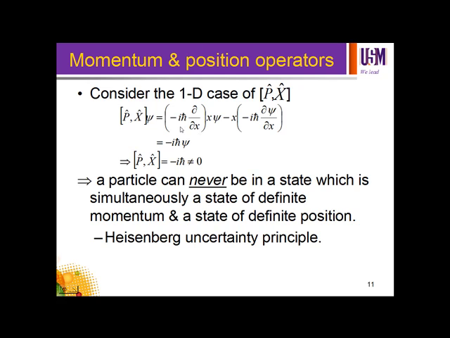Momentum operator is negative i h bar delta per delta x. That's the definition of momentum operator. Operator X, that means the position, is equivalent to the small x here, the position, multiplied by psi.